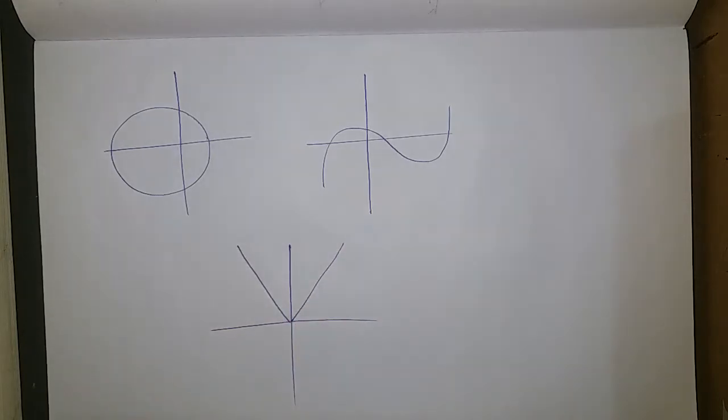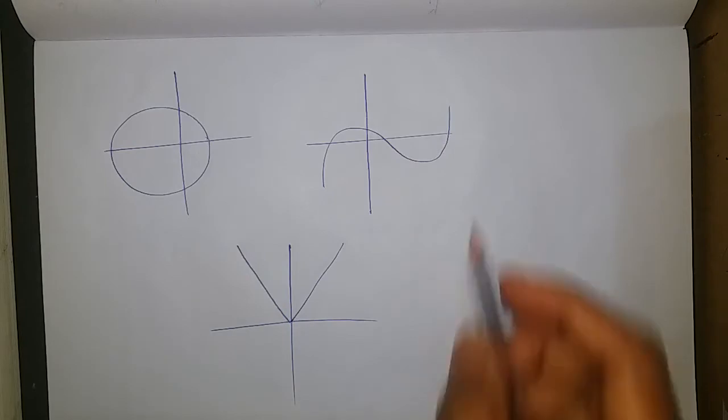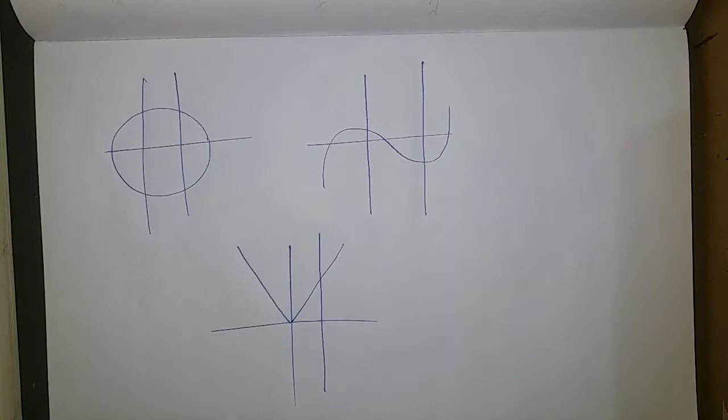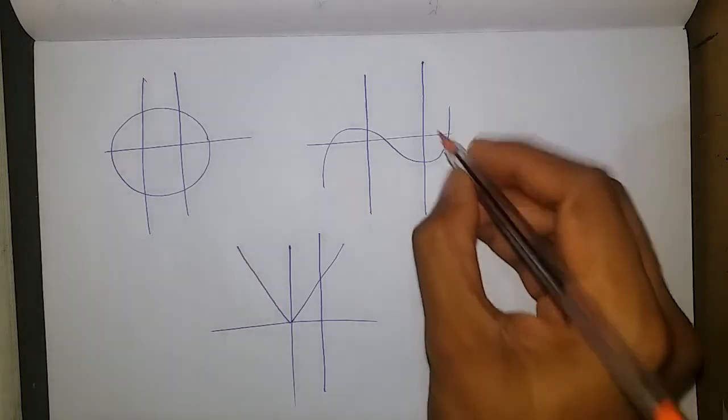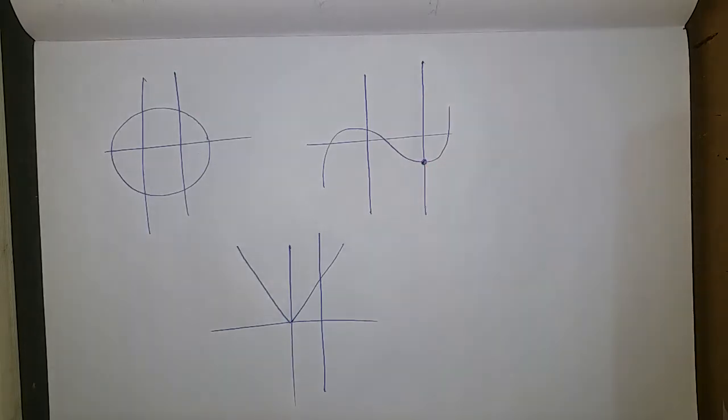We have some figures. Now we need to find out whether that particular figure represents a function or not. So anywhere on that curve or line on that figure, draw one vertical line. I am drawing one vertical line. Anywhere you can draw, that is your wish. Now if that vertical line is touching the curve at 2 points, this vertical line is touching this curve at only 1 point.